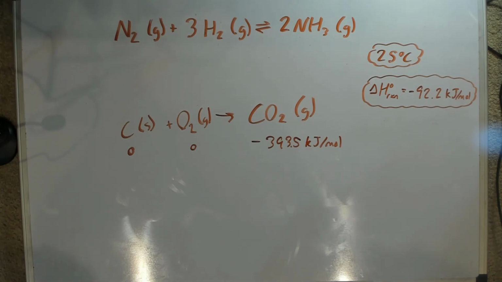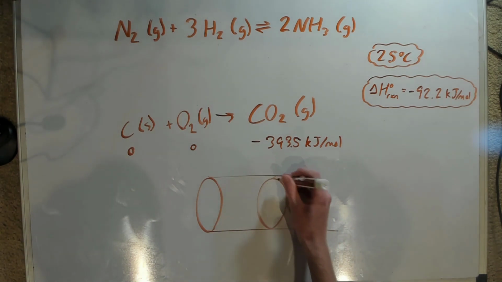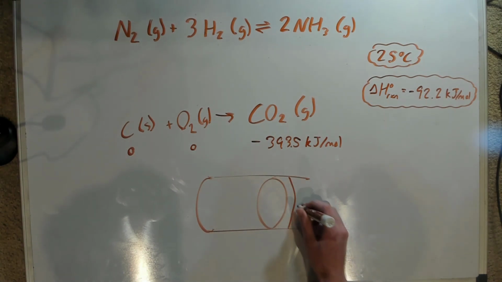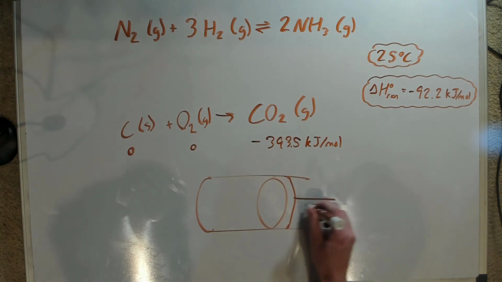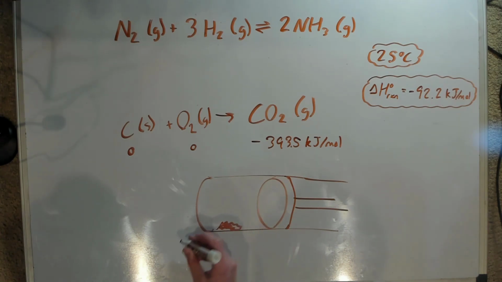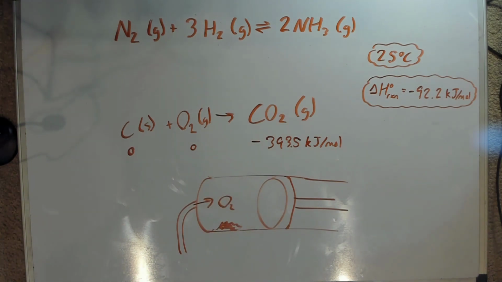And we can actually measure that amount of energy because if we do this reaction inside of a piston system, where we have another piston, if we just have a pile of carbon here, and then we pose in some oxygen, measure how much it was before the reaction went through, and then watch the change in volume there, we can get the amount of kilojoules that this thing went through with.